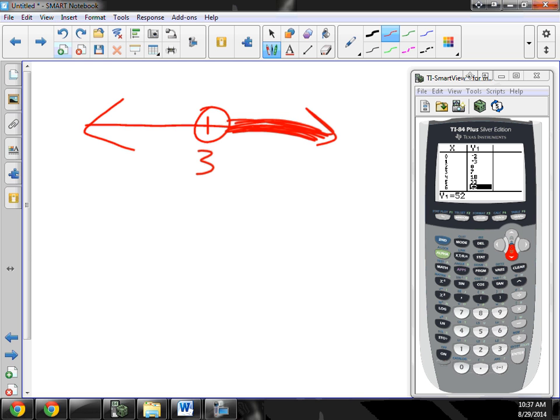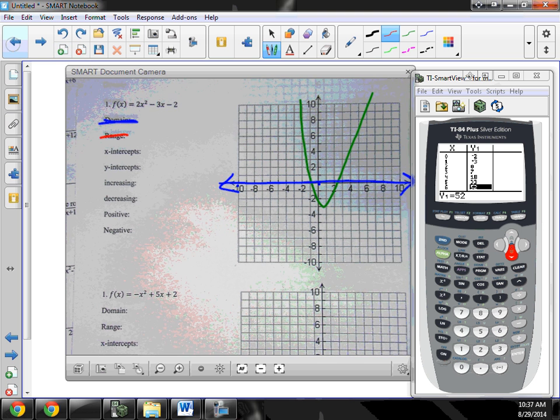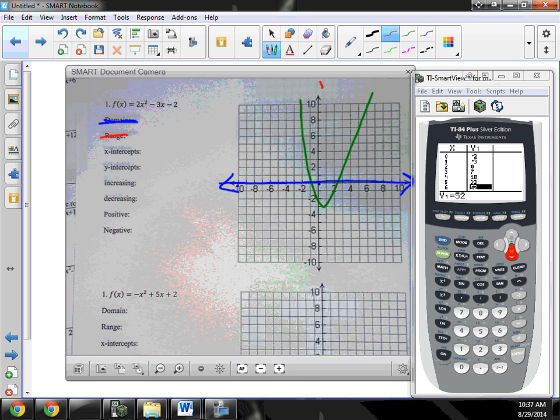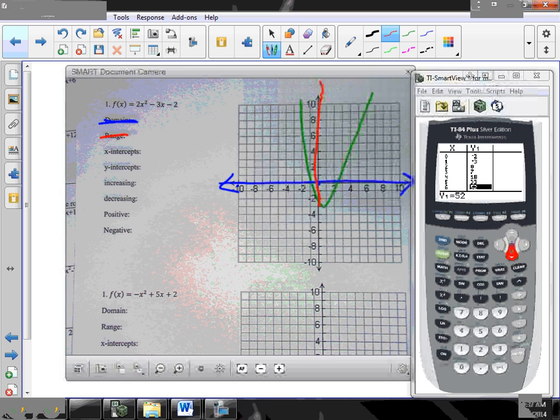But if we have some sort of beginning, we have to represent it in either an open circle or a closed circle. So I'm going to go all the way down, and then somewhere near 3, is it open or closed? It's closed.